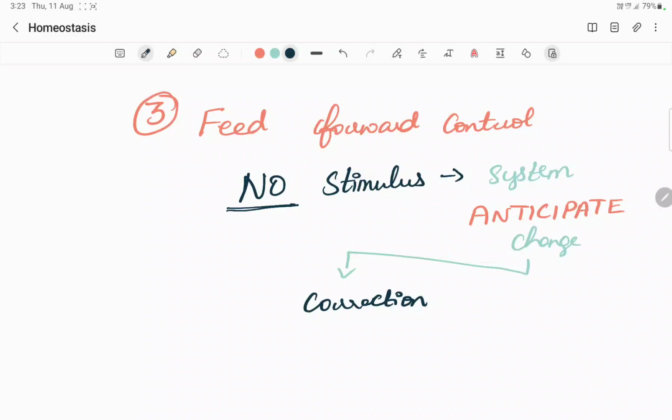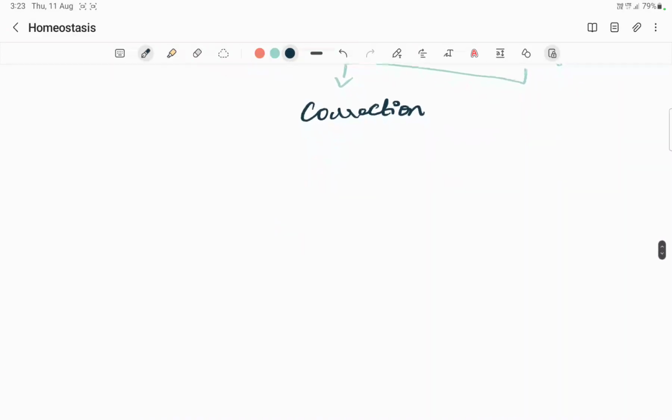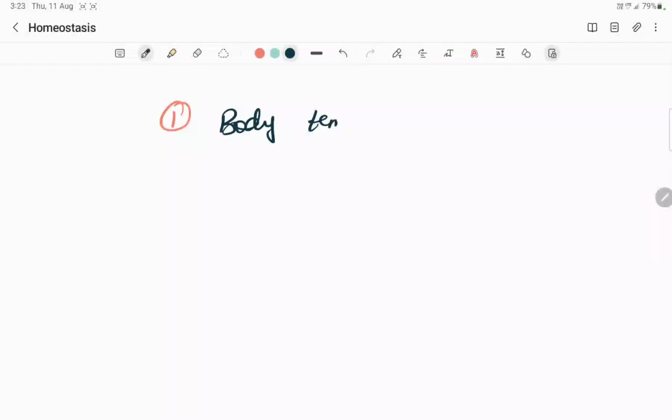So for this also we'll be seeing examples. The first example for feed forward control is body temperature regulation. Okay, body temperature regulation.